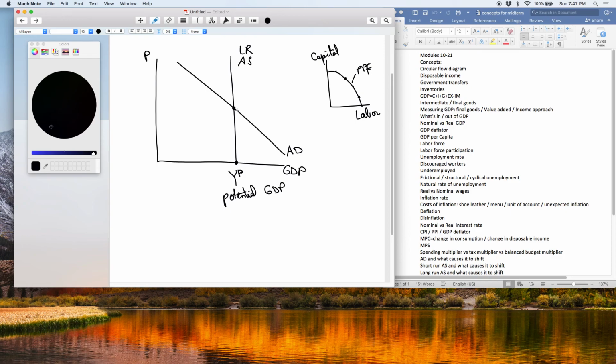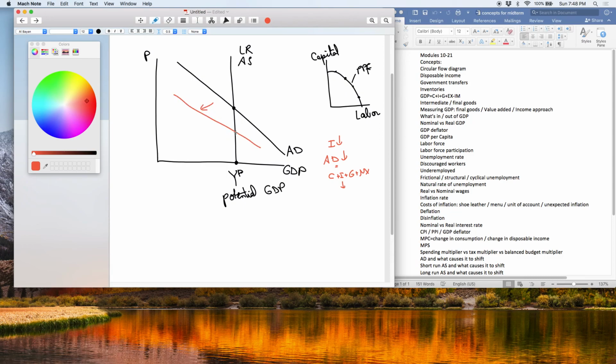And so what happens is that if you have a change, so for example, suppose I tell you that investment spending decreases. So as a result, aggregate demand decreases, right? Because aggregate demand is C plus I plus G plus net exports. So if investment spending decreases, aggregate demand is going to decrease, shifts to the left.